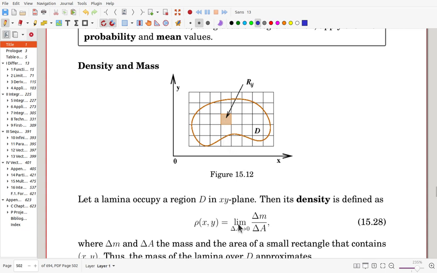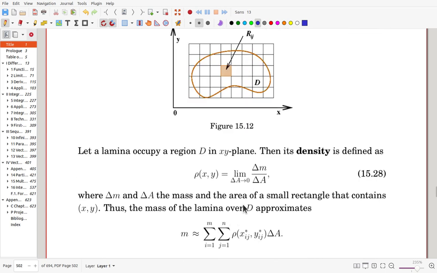When we take the limit as delta A approaches 0, then we can find the local density. So the mass of the lamina over the region can be approximated as in this equation.